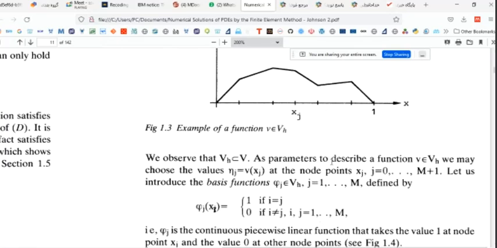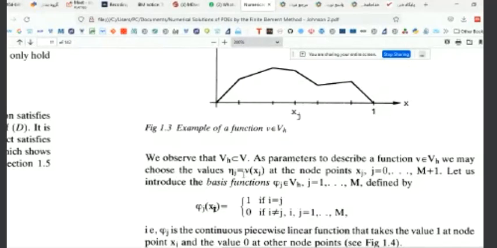As parameters to describe a function v in V_h, we may choose the values eta, the Greek letter, eta_j equals v at x_j, at the node points x_j, j from 0 to n plus 1.